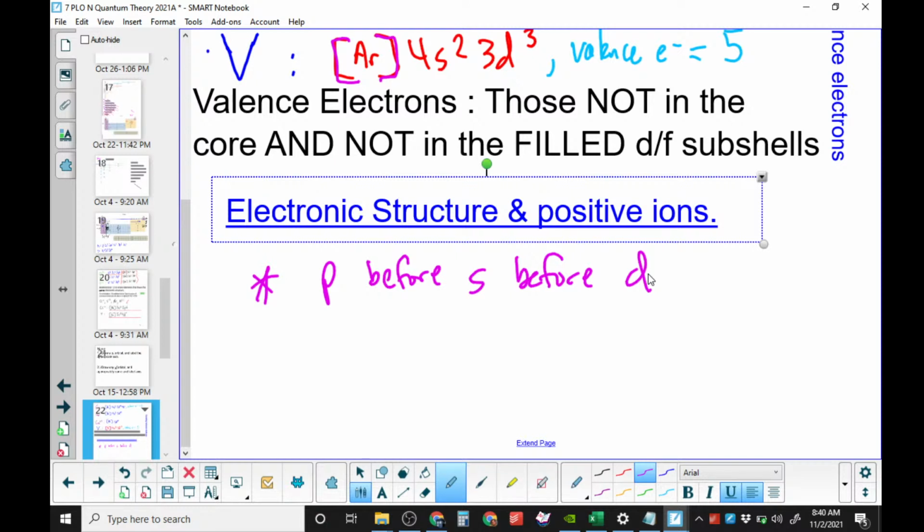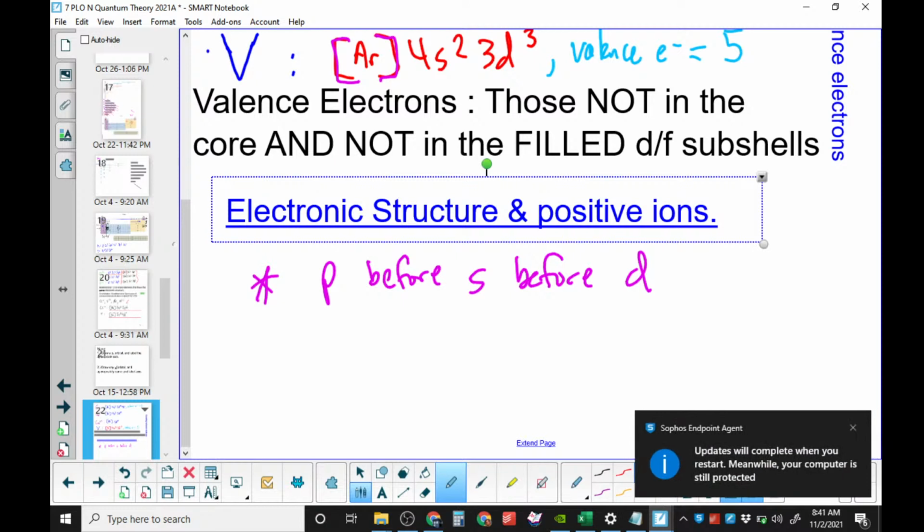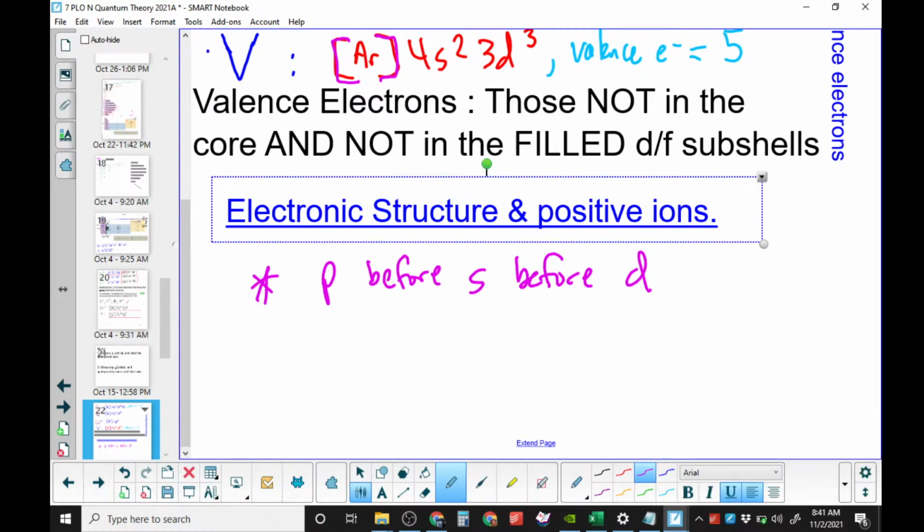Yeah, the core is all the previous electrons. Like the one where you use argon or whatever to summarize it, those are never part of the valence electrons.